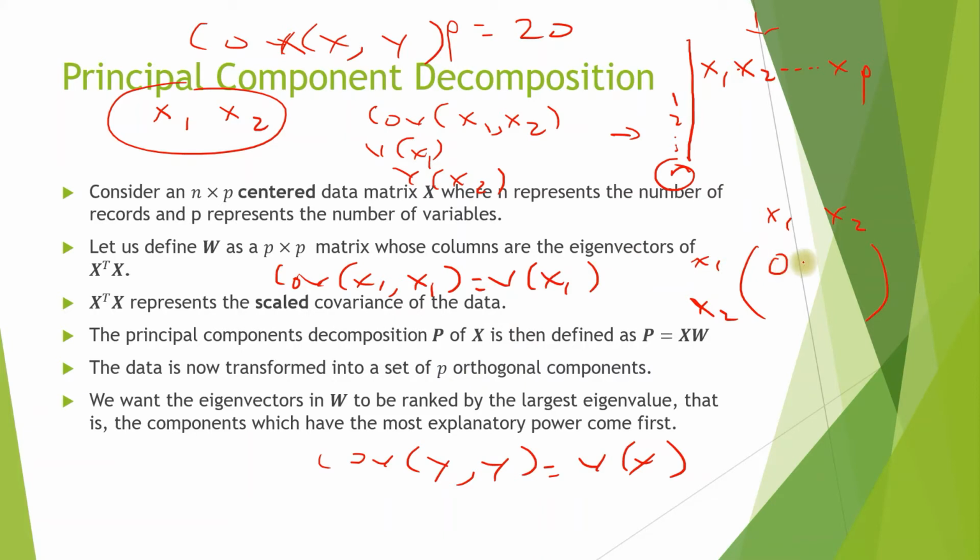So here, you have the variance of x1. And for the second column and the second row, you have the covariance of x2 with itself, which is the variance of x2.